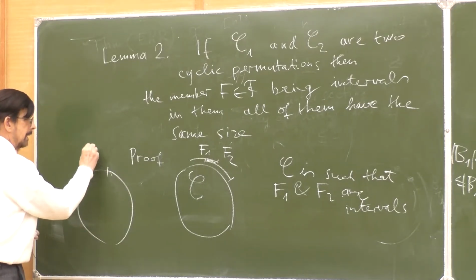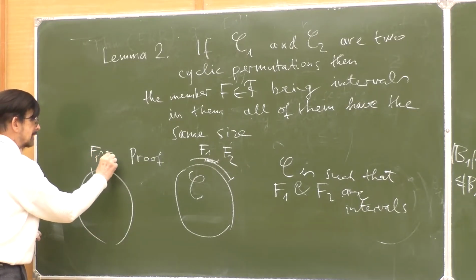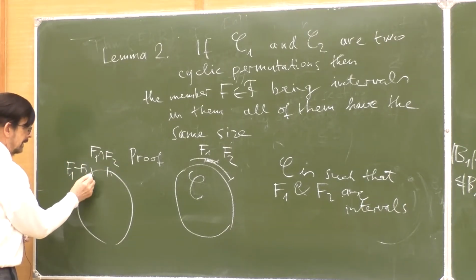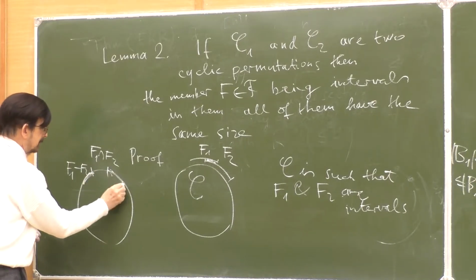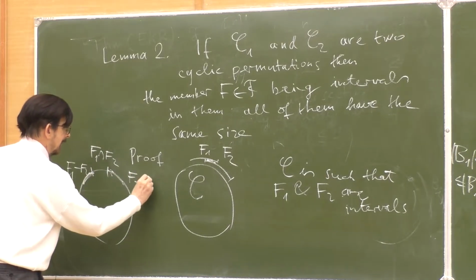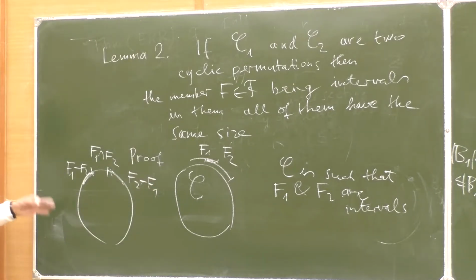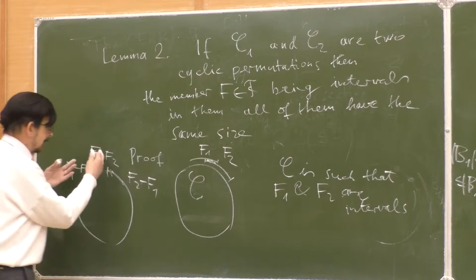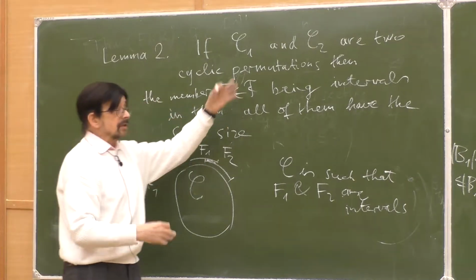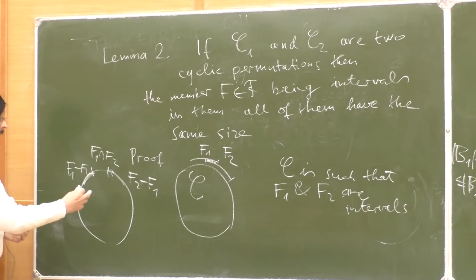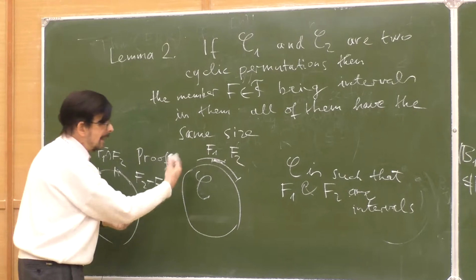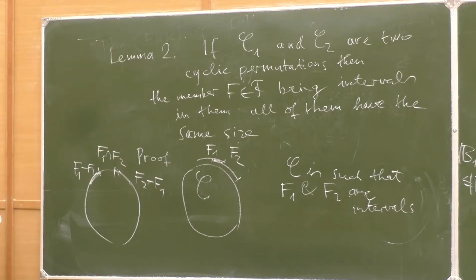So this will be the intersection. This will be F1 minus F2, this part, and this part is F2 minus F1. So we order the elements in this way. So two sets, intersection, and all these things are defined in the original set. And then we order them, we start the cyclic permutation in this way. And then the rest is not important.